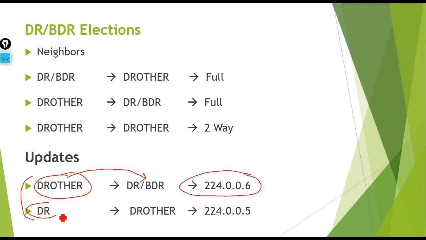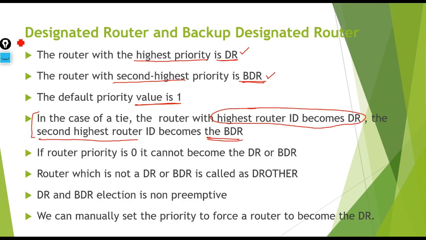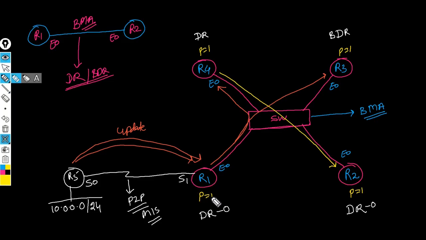And when the DR is sending the update to DR others, it will use the address 224.0.0.5. Basically, this address is 224.0.0.6 and this address is 224.0.0.5. Simple.